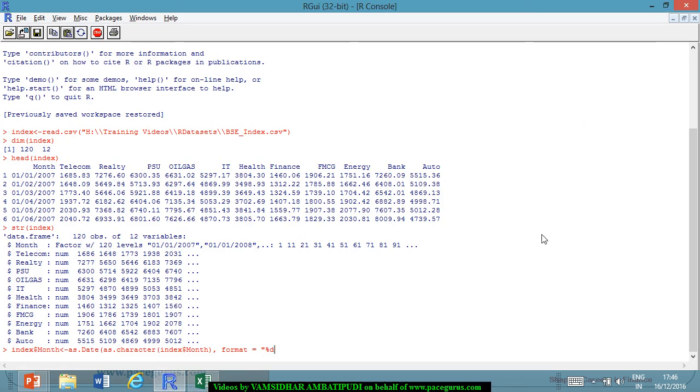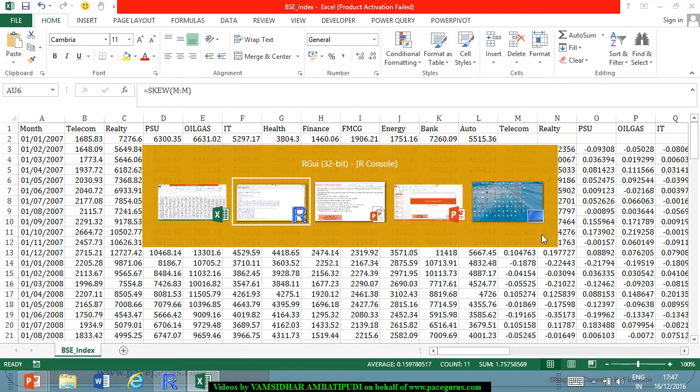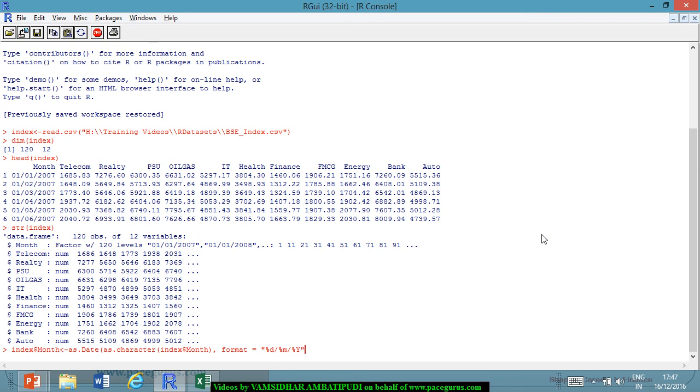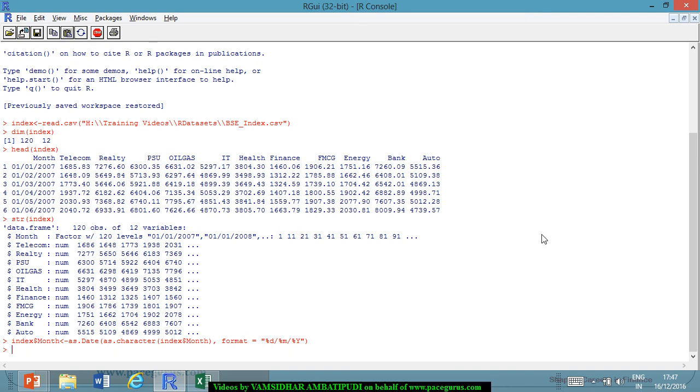So let me do it. Percentage d indicates the 2-digit date, hyphen, percentage m indicating the 2-digit month, and percentage capital Y indicating a 4-digit year. So this is the format of the date, and based on this, I'm converting it.